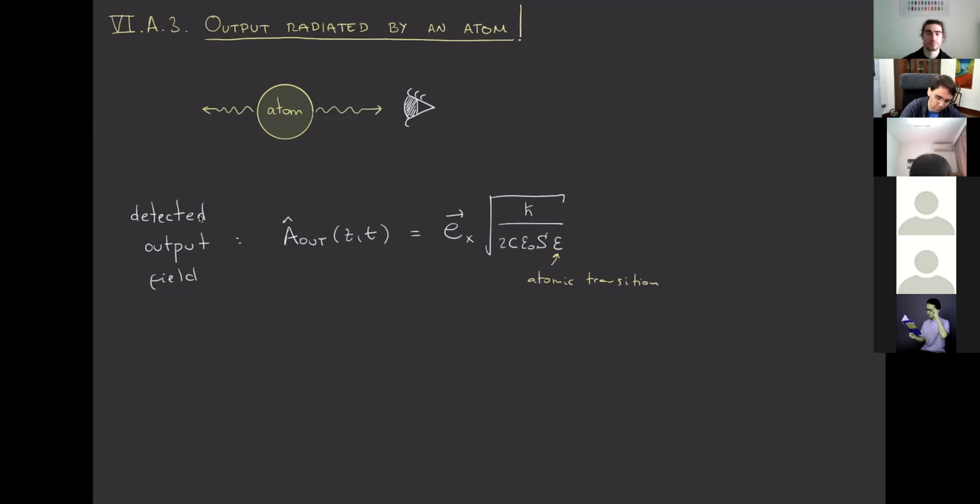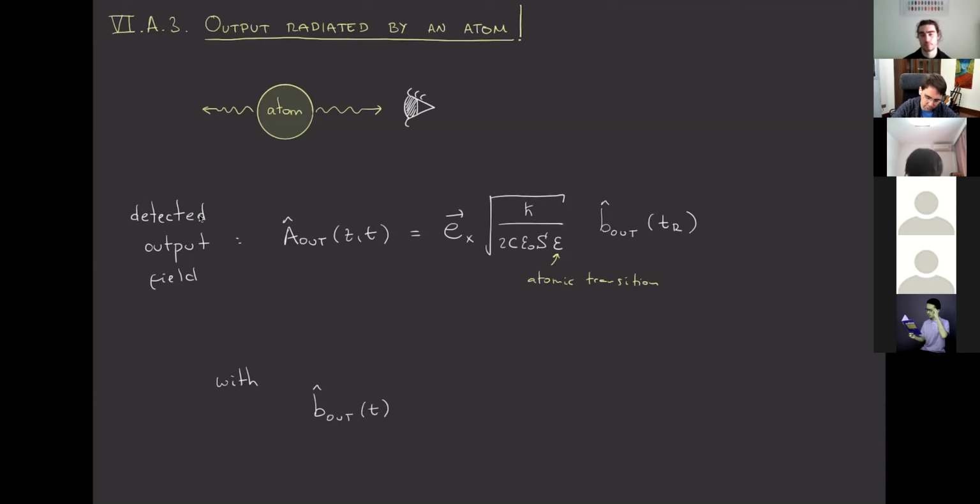And now we have an output operator evaluated at the retarded time, so again the time it takes for light to go from the atom to the detector. Well, the time minus the time it takes for light to reach the detector.